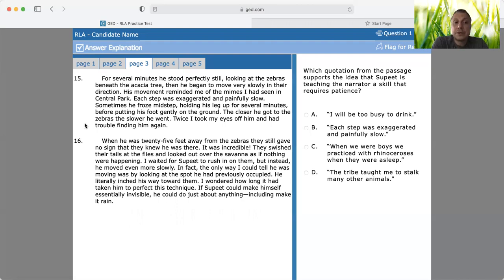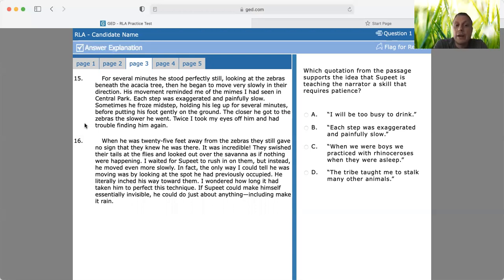The closer he got to the zebras, the slower he went. Twice I lost my eyes off him and had trouble finding him again. When he was 25 feet away from the zebras, they still gave no signs that they knew he was there. It was incredible. They swished their tails at the flies and looked out over the savannah as if nothing were happening.